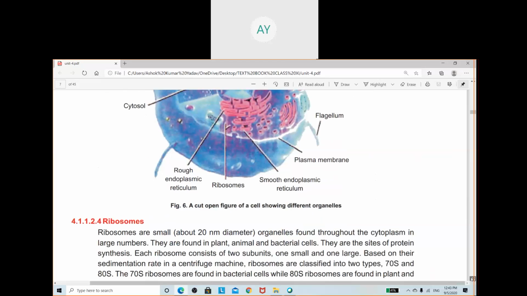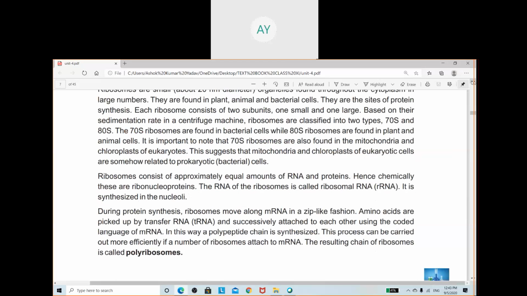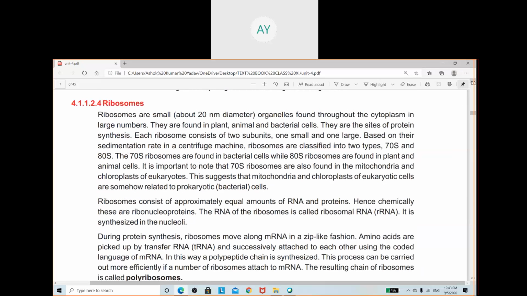I think ribosome I have already discussed: a lot of ribosomes joined together by messenger RNA is known as polyribosome. I have already discussed that in prokaryotes there is 70S ribosome and in eukaryotes there is 80S ribosome.